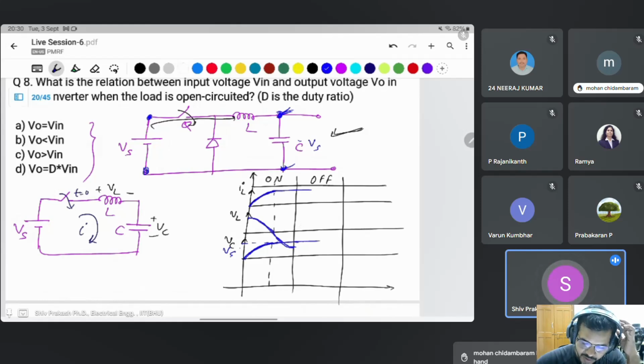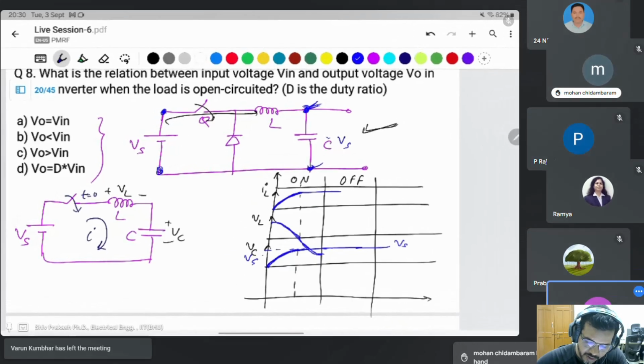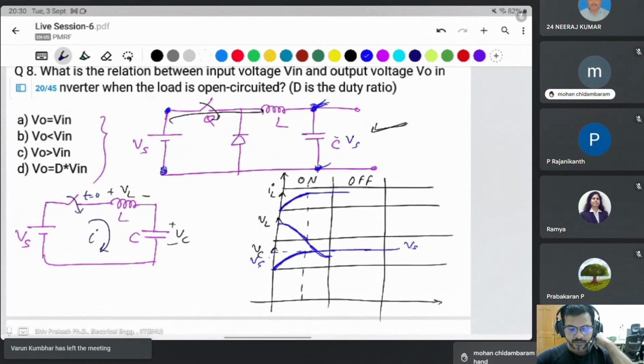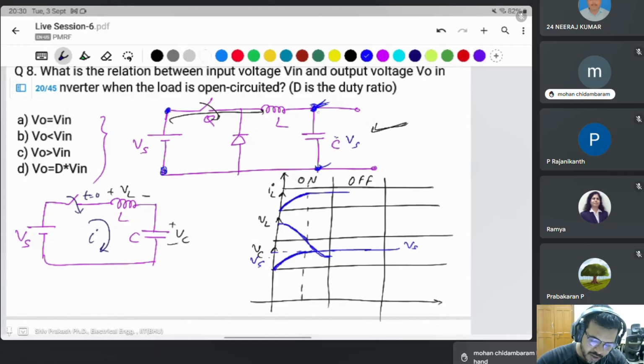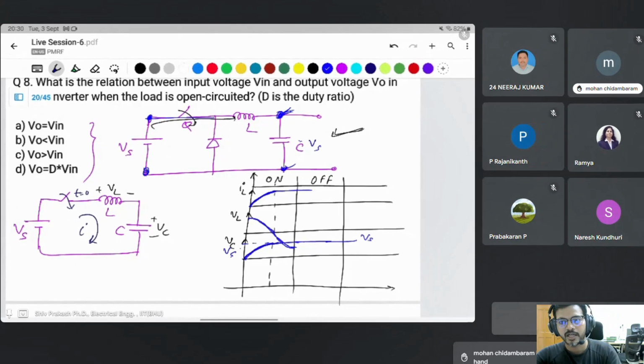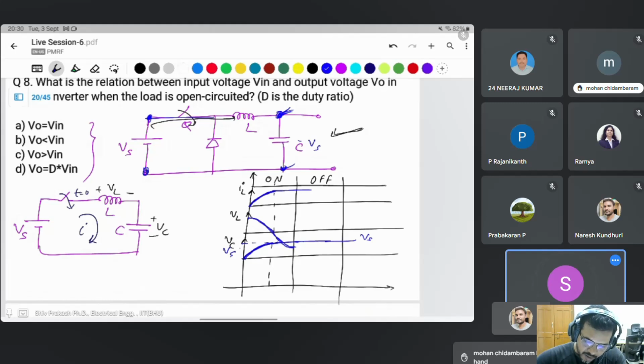That's why the capacitor will be at the Vs supply if the output is not there. Both the inductor and capacitor are charging. This is Vs, the first option.